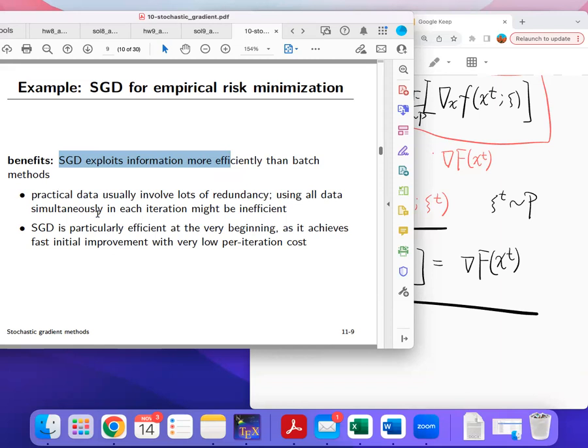In fact, it is impractical for many scenarios. So SGD is a very efficient solution because it has a very low per iteration cost. Every iteration, we just need to sample one data point and run gradient descent.